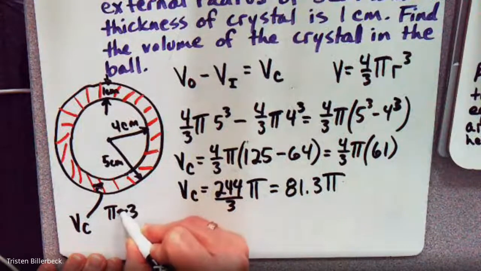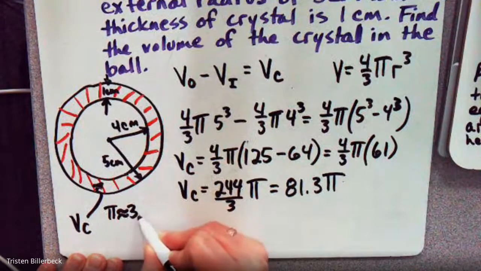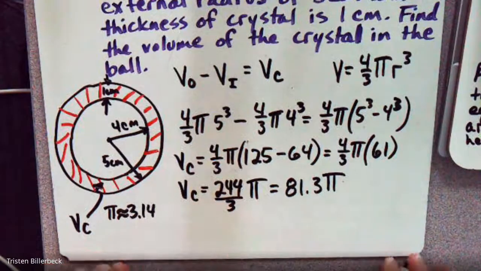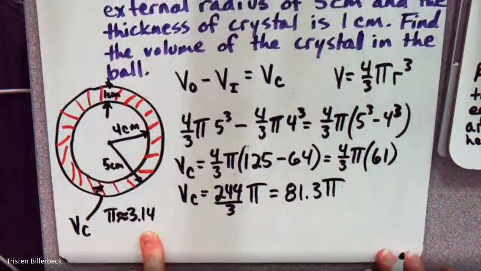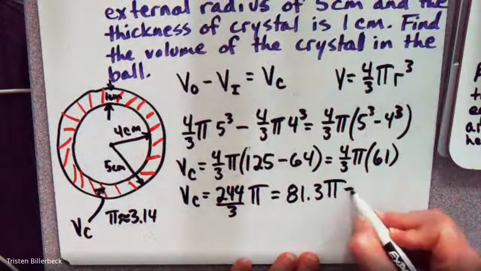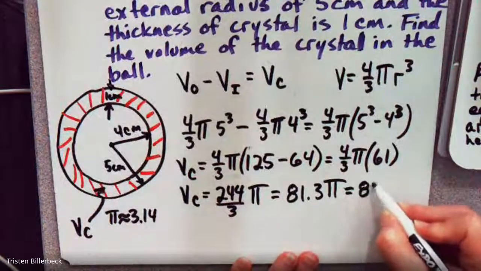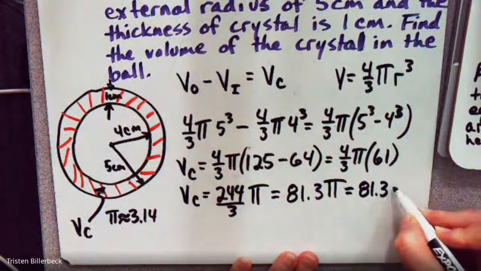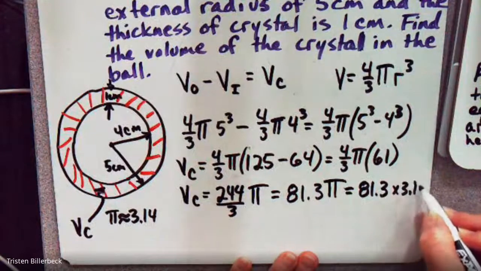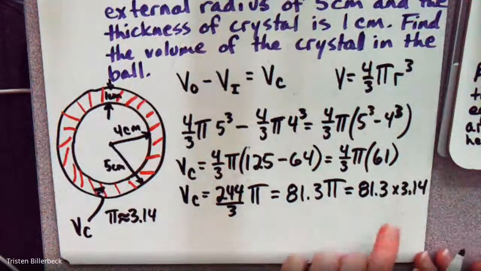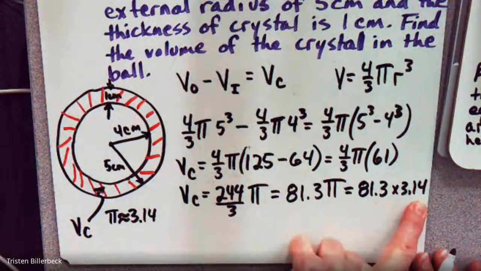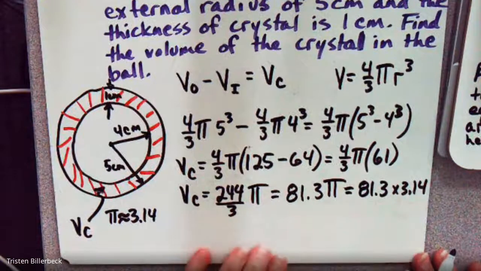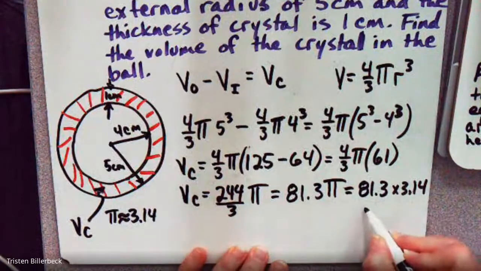It doesn't exactly equal 3.14 because pi doesn't ever end, so many times we approximate it to 3.14. So this becomes 81.3 times 3.14. Now we're going to have some error because we rounded this one and we rounded that one. So there'll be error.